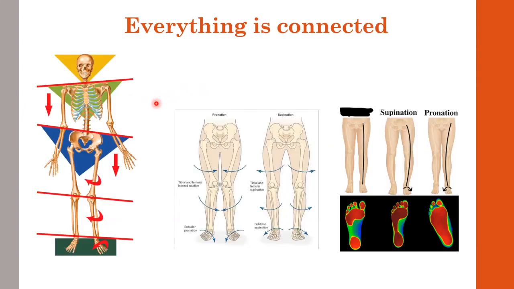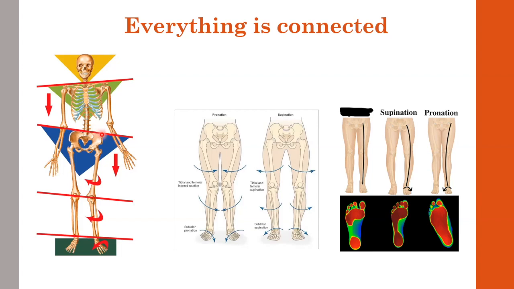Any alignment abnormality we see, especially here at the hip or the foot, will cause issues up and down the kinetic chain, right? These images are essentially illustrating the importance of kinetic chains and even highlight some common alignment distortion issues.